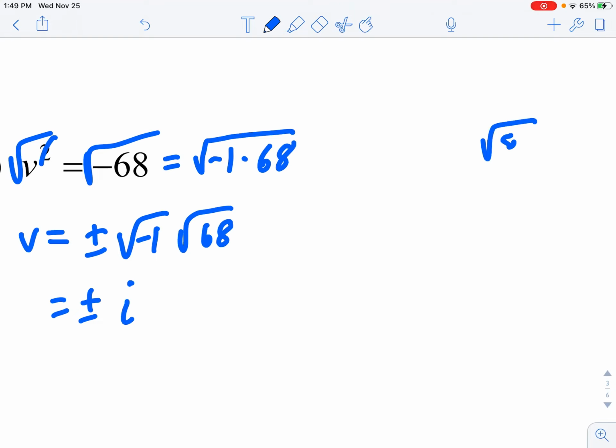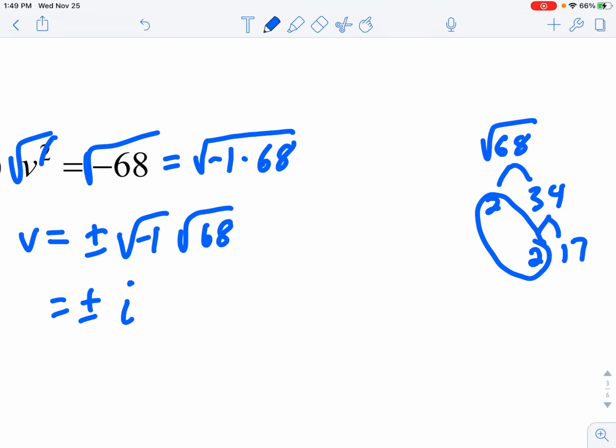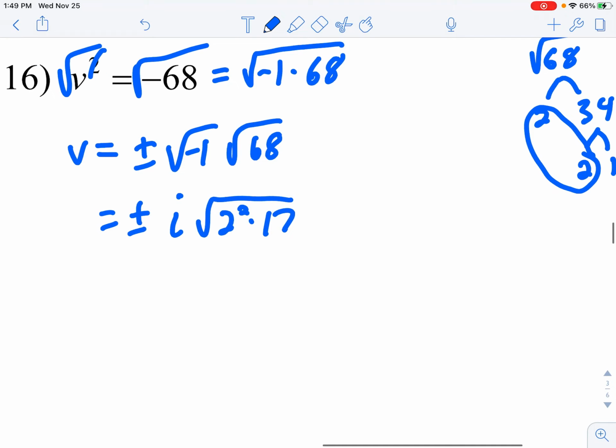Let's go off to the side and look at a factor tree and see if it'll simplify at all. So that's 2 times 34. 34 is an even number, so you divide it by 2, and I believe that's 2 times 17. 17 does not break down. So we do have a pair of 2's and a 17.